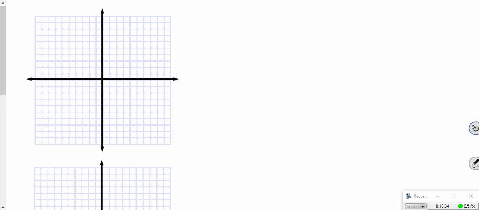We have y squared over 4 minus x squared over 9 equals 1. First thing that jumps out at me, my transverse axis is going to be vertical because my y squared started it.